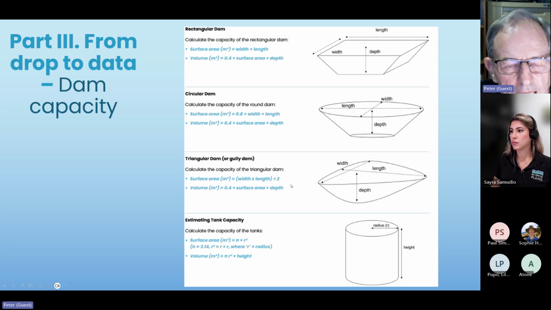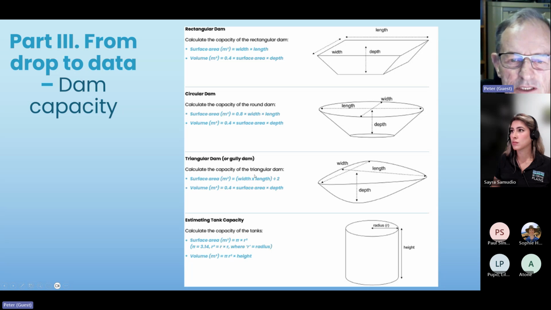For a gully dam, or sometimes called a triangular dam, because it is going up a gully, the shape of the surface is a triangle, and the shape of the actual water body is a triangle as well.